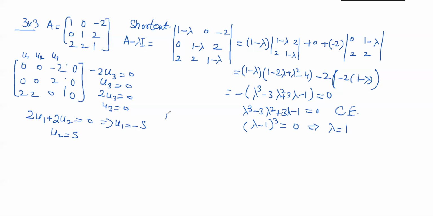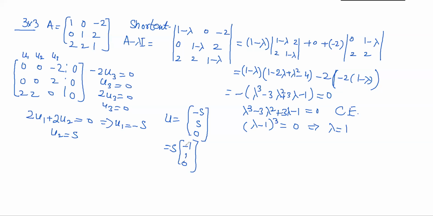Therefore our u matrix will be minus s, s, and 0, or if we take s as common, minus 1, 1, and 0. You can even say 1, minus 1, 0, because it is an arbitrary constant, and that is also correct.